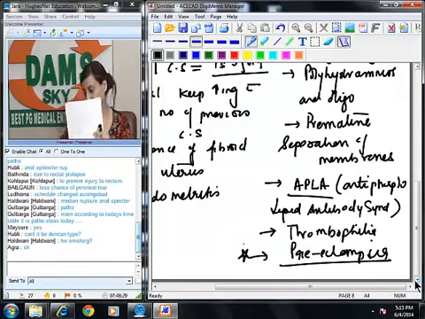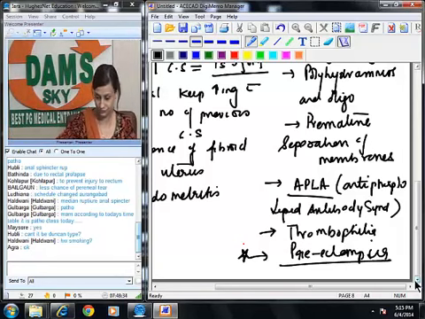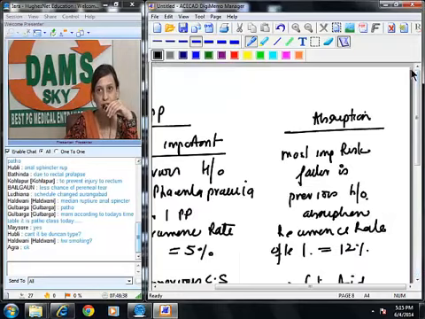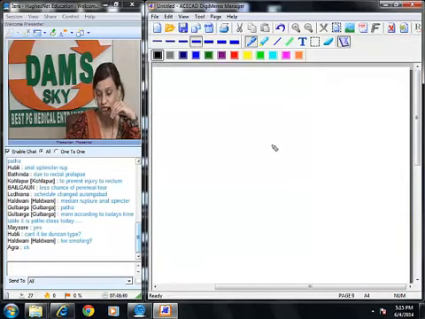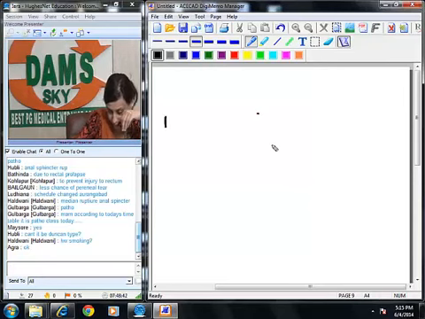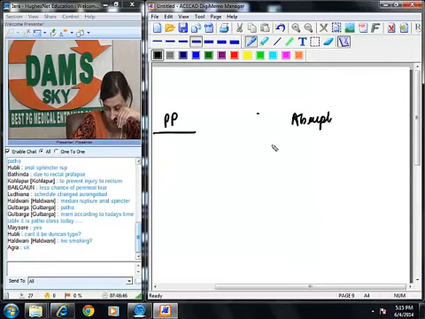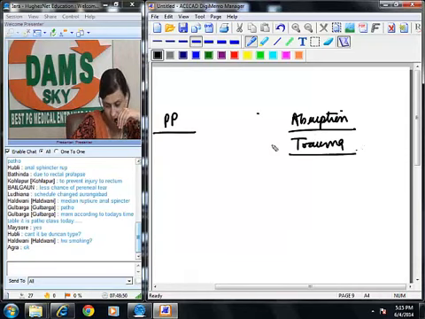The last risk factor for abruption is trauma. So trauma to the uterus is again a risk factor for placental abruption.